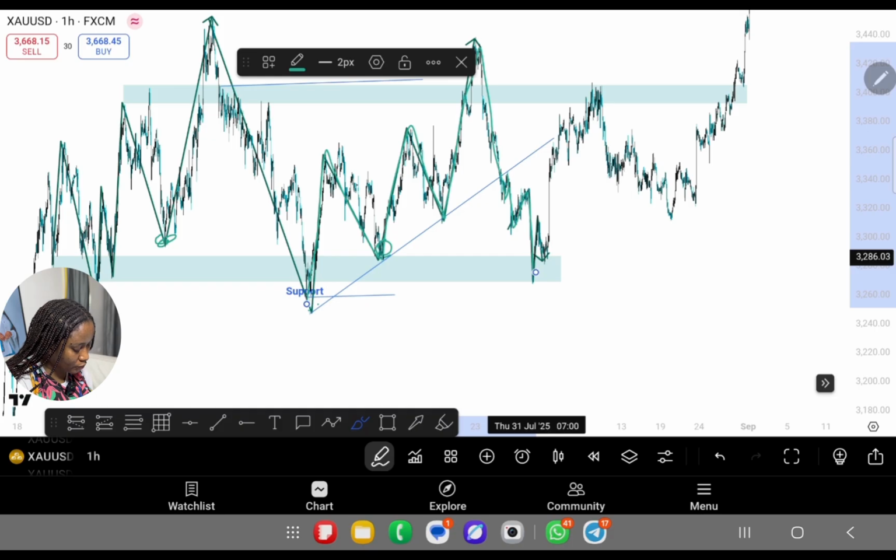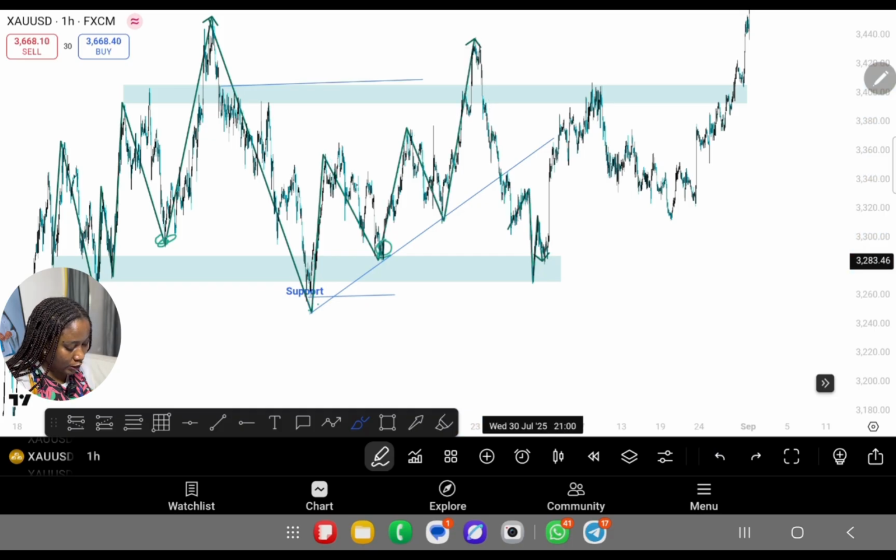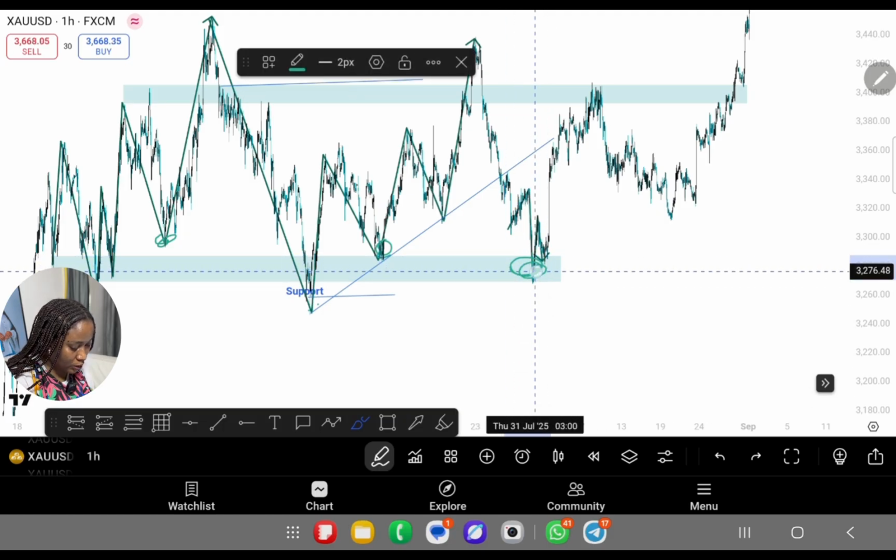So you should have known that you should take profit here, because unless there are signs that this support level is going to break, you should just take profit from here.